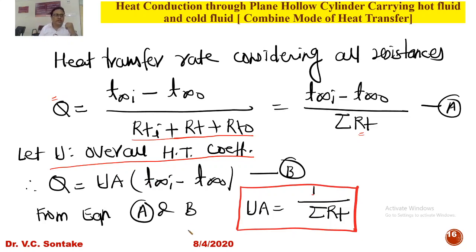In terms of U, Q can be expressed as Q is equal to UA into T infinity i minus T infinity o. Now if we compare equations A and B, I will get the relationship between U and total thermal resistance as UA is equal to 1 upon summation of RT.